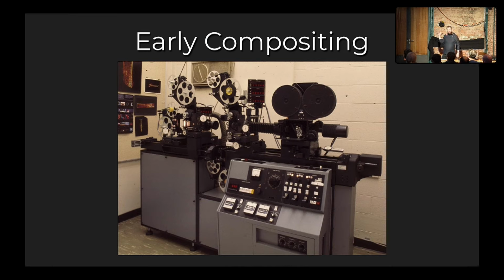It's called an optical printer, or this category of devices is called an optical printer. And its first use case was simply to duplicate stock of film. You want to have one or want to create two of them, you can use an optical printer, because what it basically is, it's a film projector on one side of the device and a film camera on the other side.